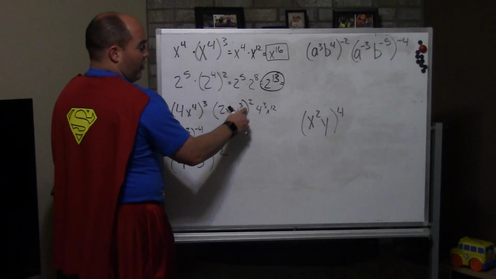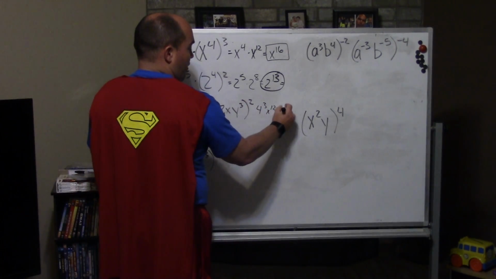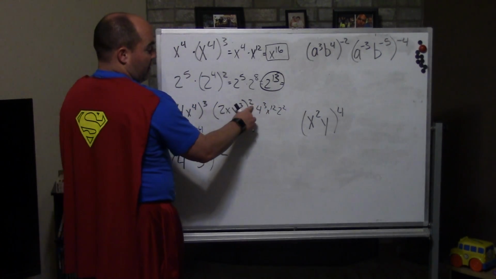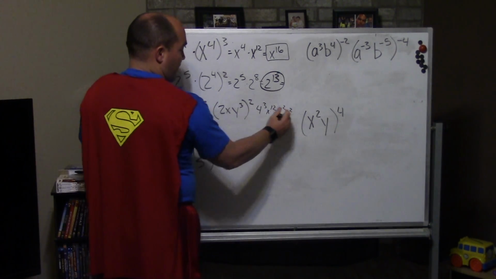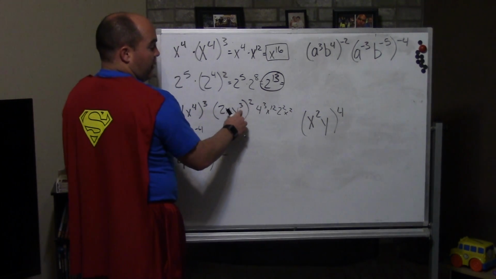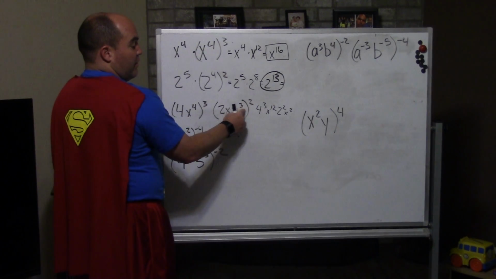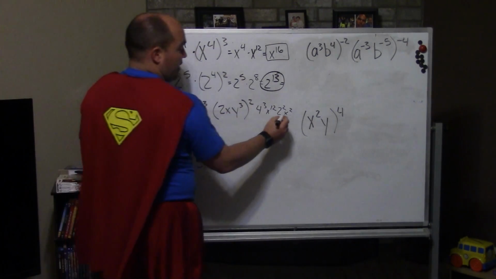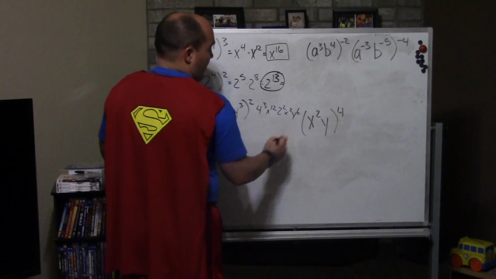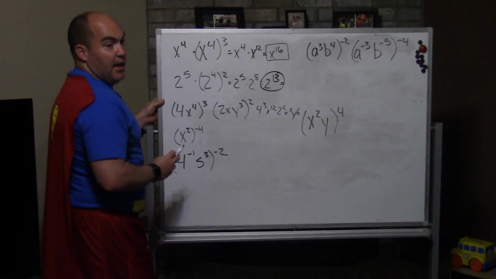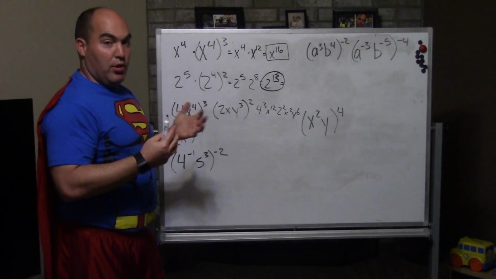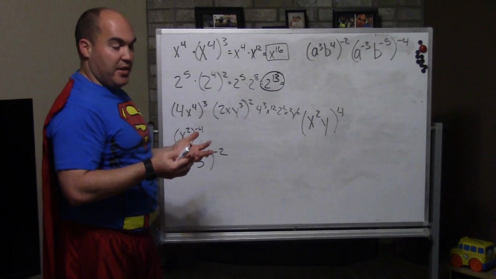Then I've got 2 squared, then I've got x squared, and then I've got y to the third squared, so then I'm going to multiply these. Okay, remember that's my new rule that I learned today, so that's going to be y to the sixth. Alright, now same thing. I've got to multiply together the things that go together.